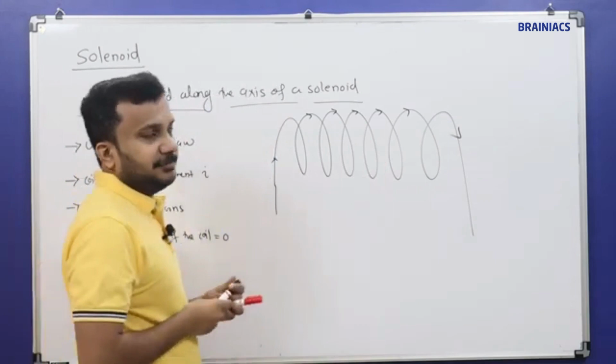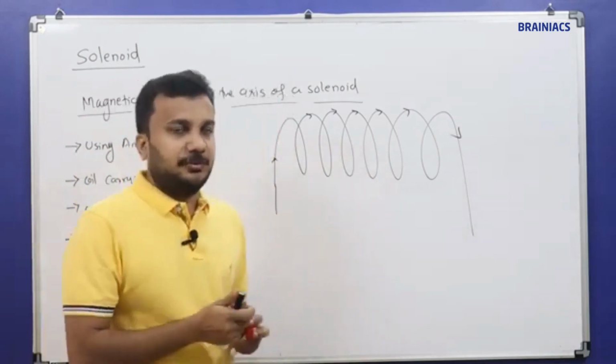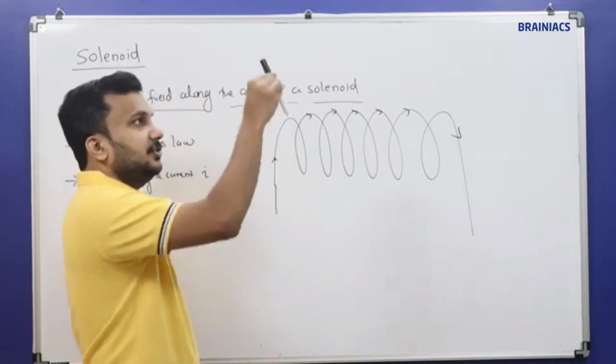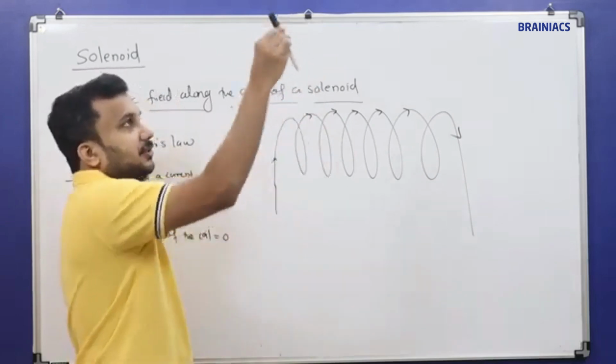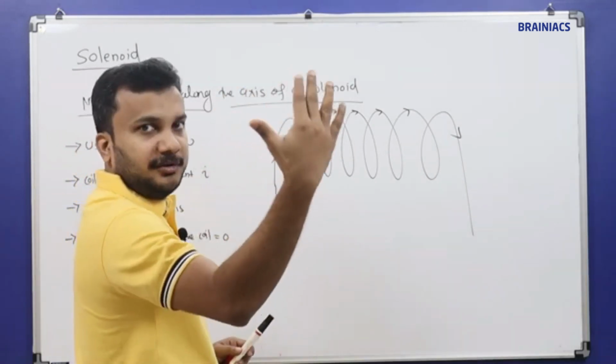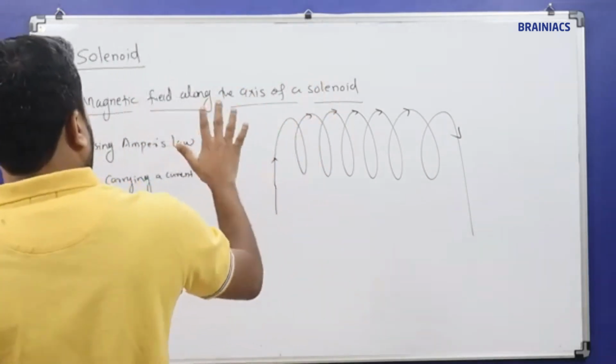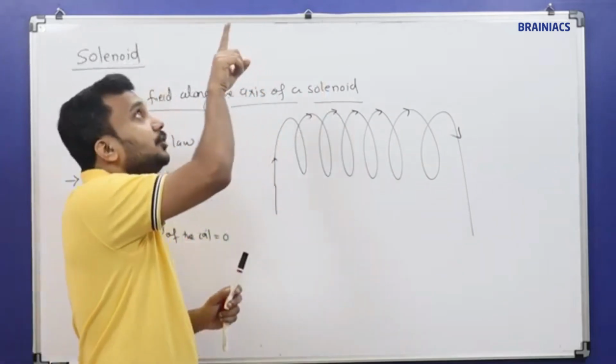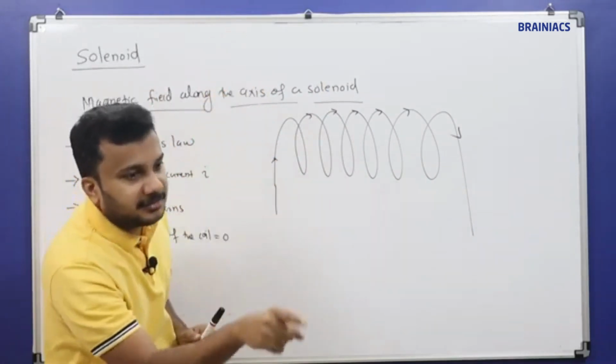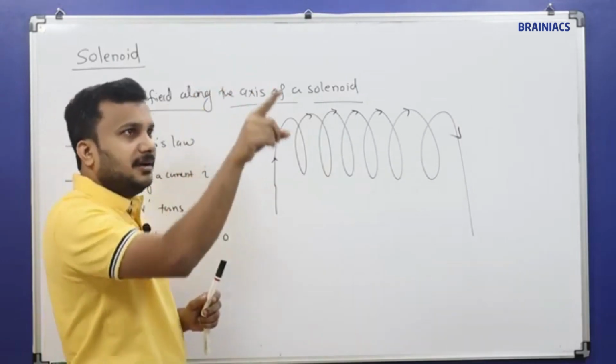Now you have to assume a coil in a curling position. You are an observer looking from here. From the top side, the currents are coming like this.